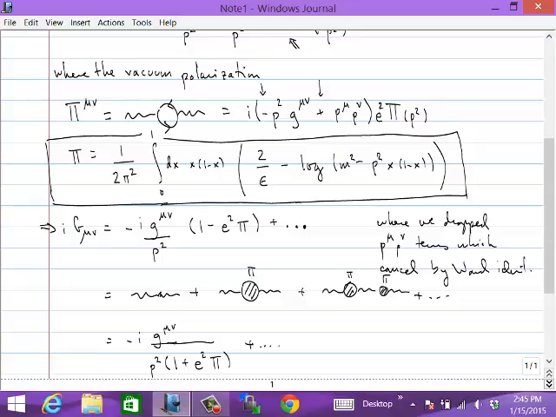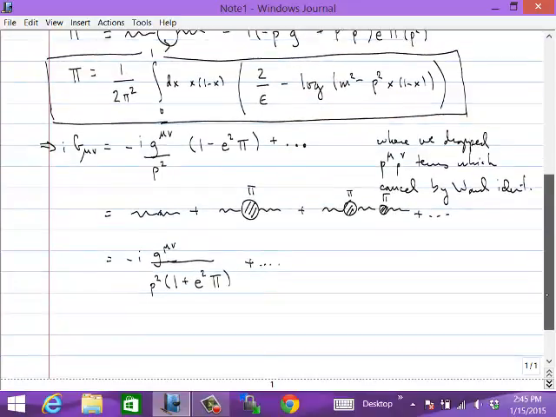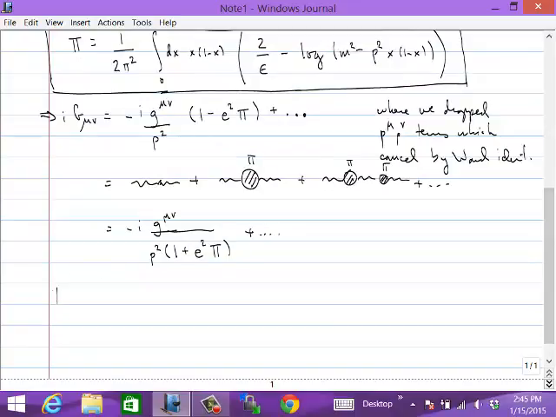Okay. So the important point is that this contribution, this quantum mechanical contribution to the photon propagator, leads to quantum corrections to classical electromagnetism.